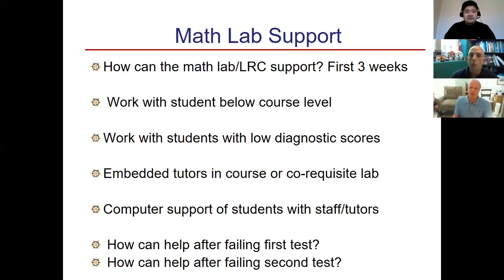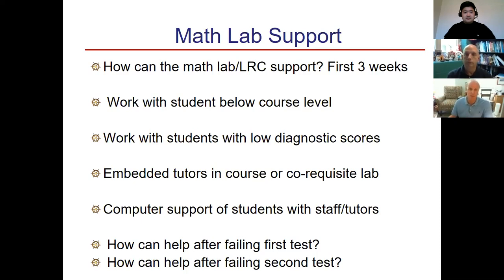The co-requisite lab, what it looks like is the basic skills they need based on the diagnostics. The math lab, here we go. We got to catch them up in the first 3 weeks. Because if they're really low skills and we don't catch them up in the first 3 weeks, which is before the first test, we may lose them.